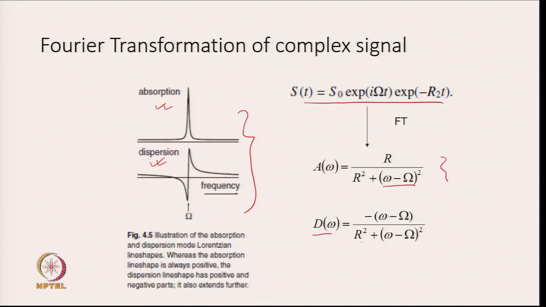So, this is your absorption and this is your dispersion, and they have Lorentzian line shape. Absorption line shape is always positive, whereas dispersion line shape has positive and negative parts.